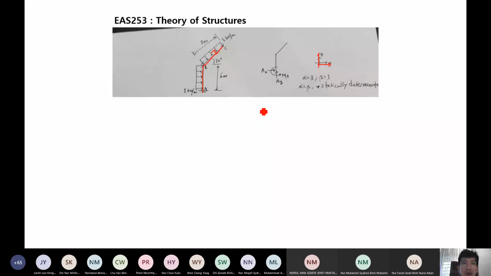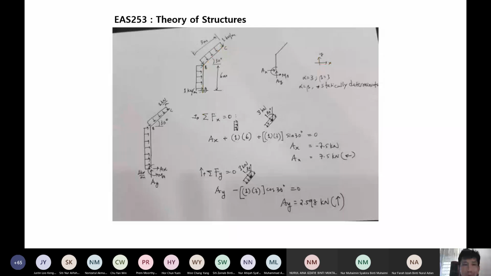Now, if you check this and just refresh yourself, statical determinacy 1, 2, 3. So we get this is statically determinate. Okay. So now to solve this problem, this is a free body diagram.